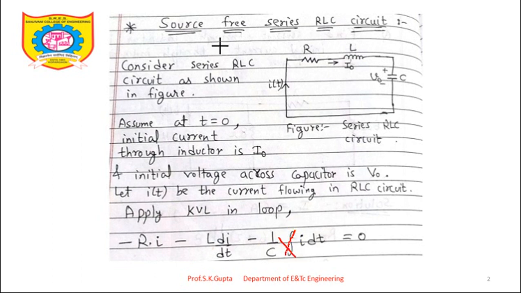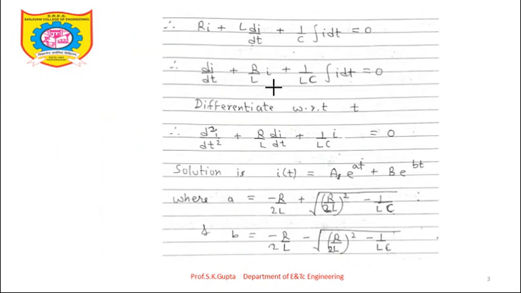So what I should do? I should differentiate this equation with respect to t. Here I have removed L also by dividing it. So just differentiate this equation with respect to t.